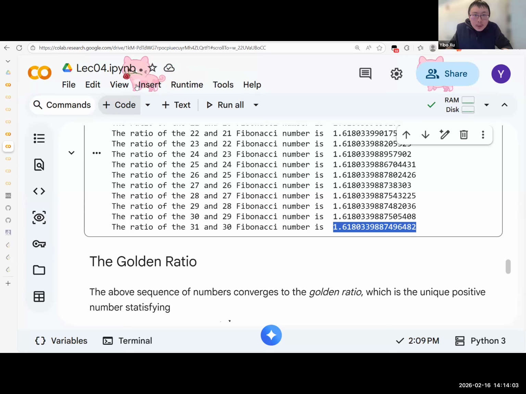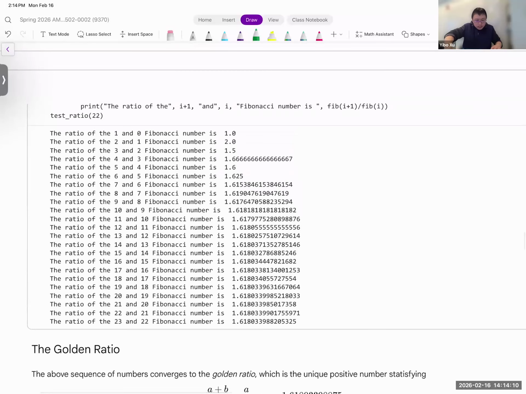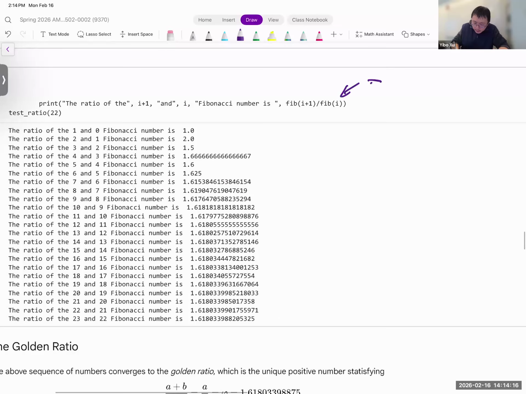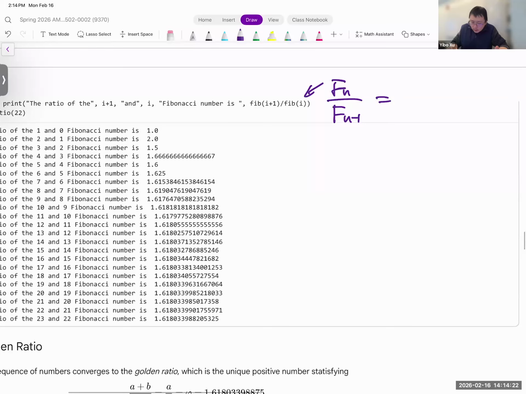So now let's quickly look at the ratio. A little bit of mathematics. Essentially, what do we see here? We see this is f of n over f of n minus 1, right? By definition, this is f of n minus 1 plus f of n minus 2, over f of n minus 1. Wait, I need to change the indices. n minus 1, n minus 2.